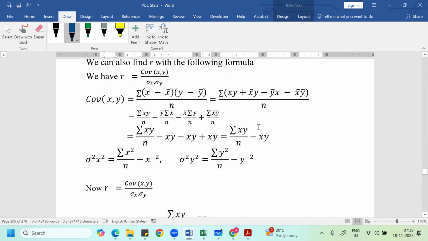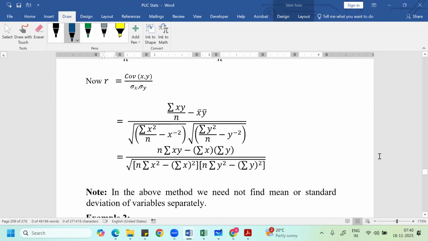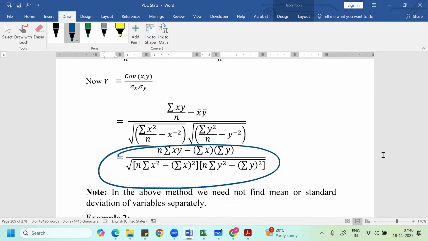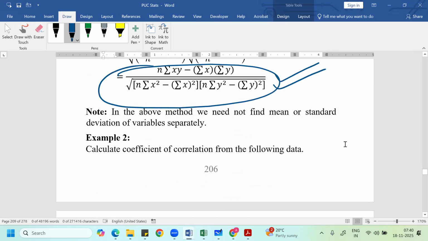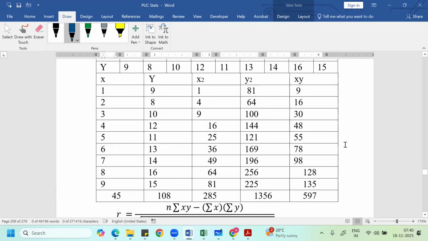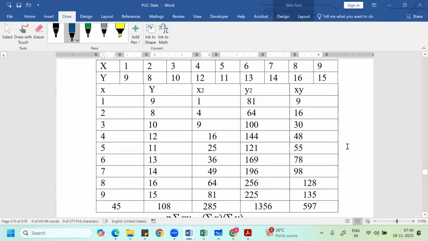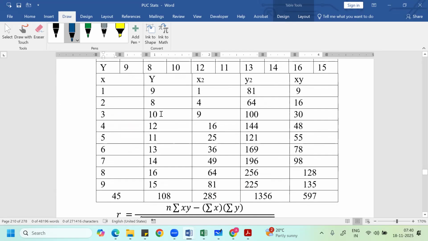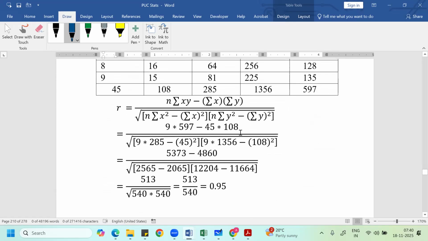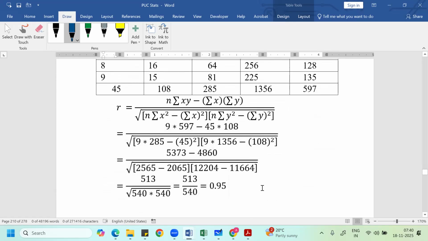So we did the same thing with this formula, and this is another formula for finding the correlation coefficient. By using this formula also, you can find the correlation coefficient. Just pause the video, look at these values, and if you calculate, you will get the r value as 0.95.